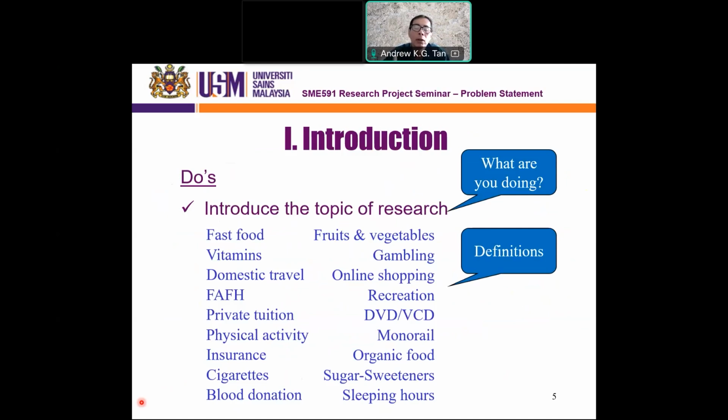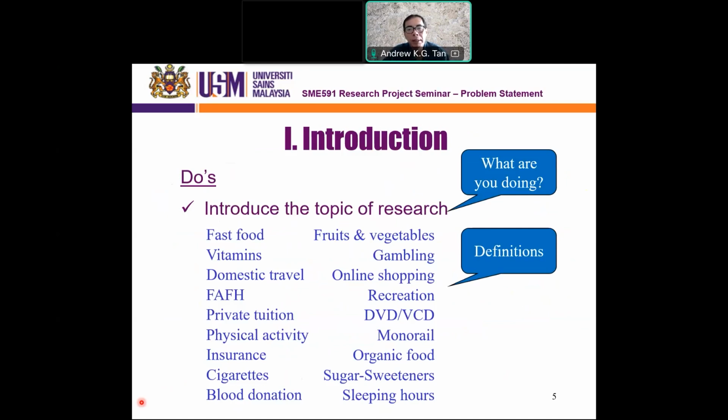My students have looked also at demand for private tuition for little children, demand for physical activity, demand for insurance, cigarettes demand, and blood donation. Who are the people who are more likely to donate their blood?